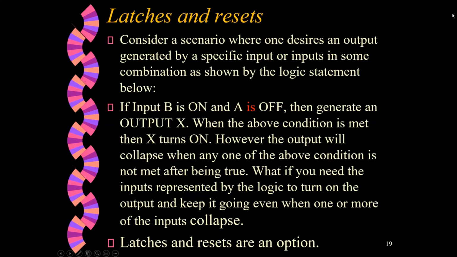Not desirable. It's like the punch press I gave you as an example. You start and your hand is released. The punch press should come down all the way, not reset and go back because the input collapsed. It has to go all the way until the advanced position is reached.